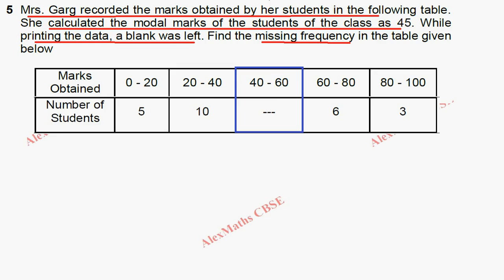So this is named as F1, and previous to that is F0, and after this is F2. And in this class interval, the value of the lower class limit is L, which is 40, and width of this class is 20.